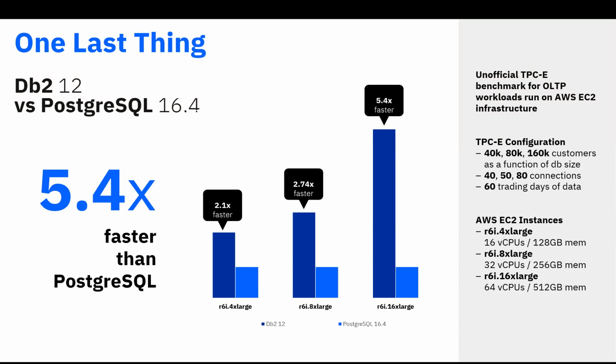But the interesting thing more is that as we used bigger systems, Db2 naturally scaled with the available resources, so we became 2.74 times faster and then up to 5 times faster. But Postgres really didn't seem to scale with the hardware. So this is just showing that Db2 is capable of leveraging hardware available more efficiently than Postgres in our testing.